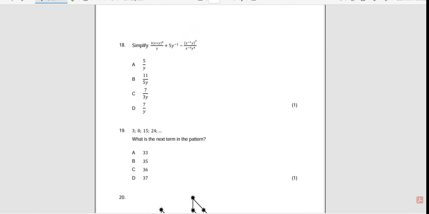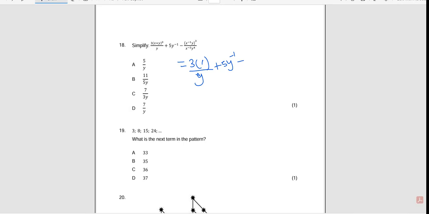Number 18 says simplify. Guys, this is long, but let's work it out. The first thing we're going to do: any number to the exponent of 0, whether it is a variable or whatsoever, is 1. So x plus something to the exponent of 0 is 1, divided by y plus 5y to the negative 1 minus.